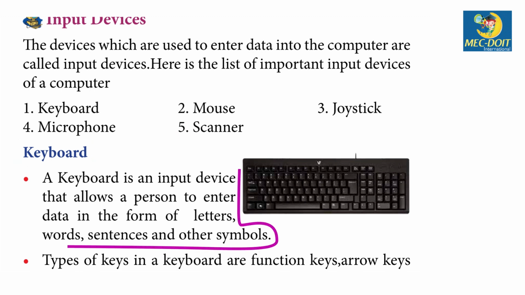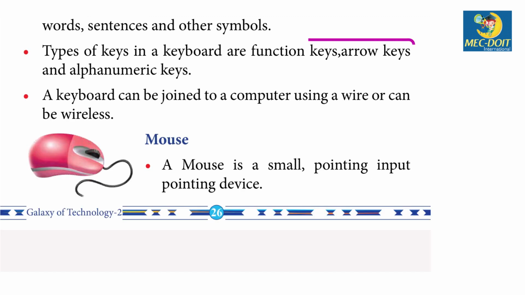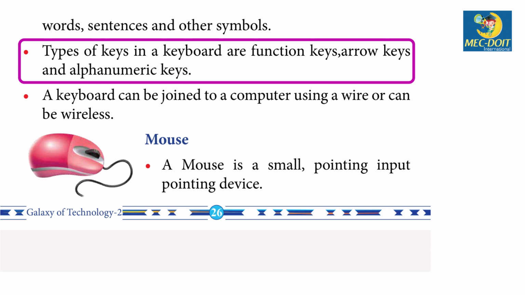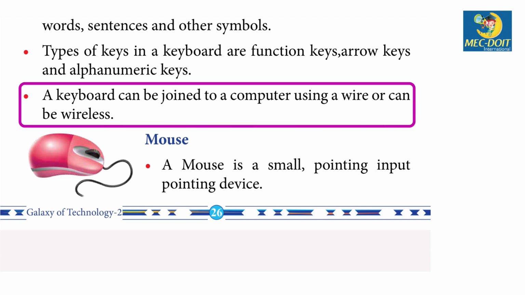A keyboard is an input device that allows a person to enter data in the form of letters, words, sentences, and other symbols. Types of keys in a keyboard are function keys, arrow keys, and alphanumeric keys. A keyboard can be joined to a computer using a wire or can be wireless.